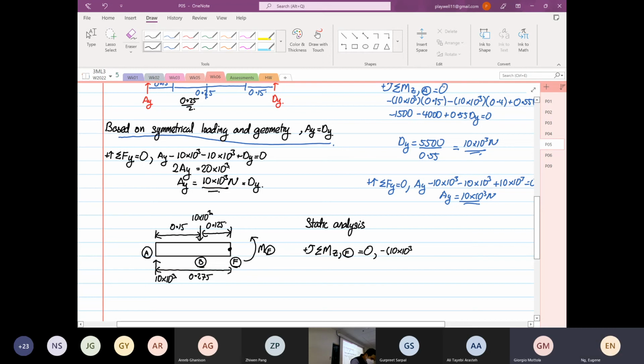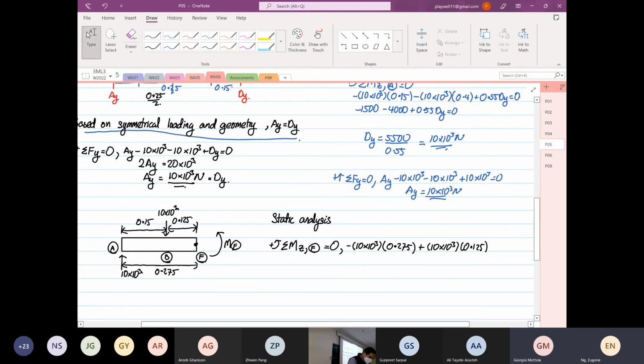So 10 times 10 to the power 3 multiplied by 0.275, plus 10 times 10 to the power 3 multiplied by 0.125. That's why it's so important to get the distance right the first time. Remember what I do? I draw the free body diagram and I include the distance. It's important that you do that. And then the whole thing plus M at point F is equal to 0.